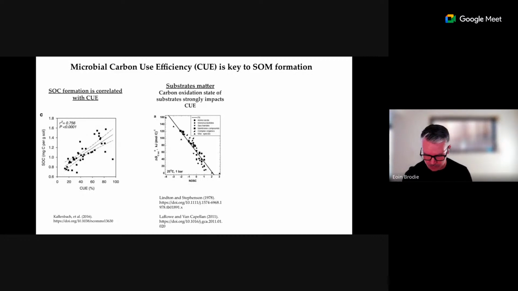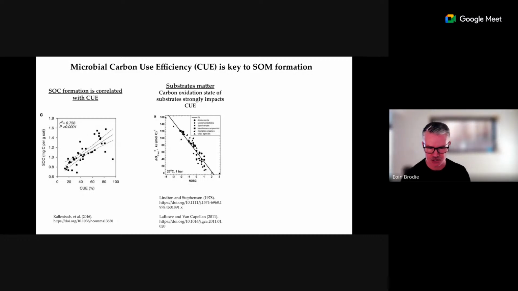Carbon that's more reduced, so that it has higher electron density, so that has a more negative oxidation state, results in higher carbon use efficiency. And that's basically because there's more electrons per unit carbon, and that microbes can be more energetically efficient with using that carbon than other carbons.